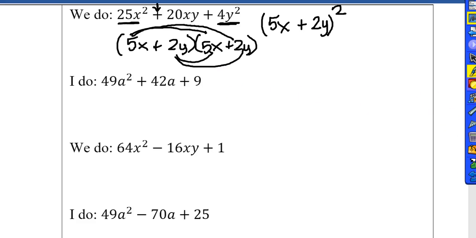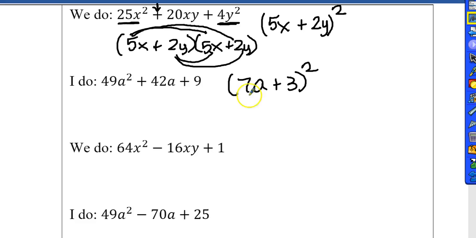All right, so you do the next one. So did you get that? 7a plus 3 quantity squared is what you should have got.